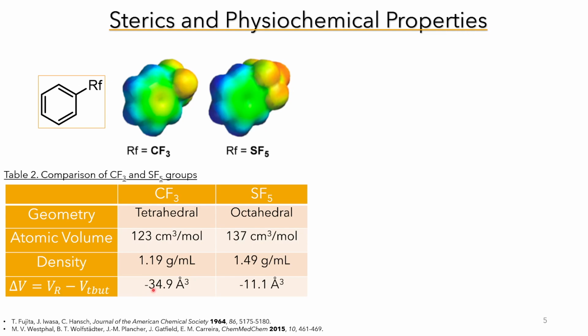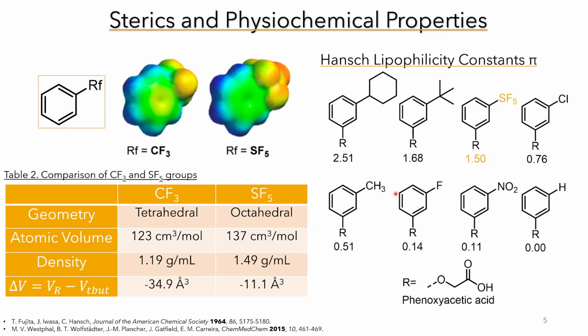So this places the pentafluorosulfanyl group in an interesting position, where it's a highly polarizable, strong electron withdrawer, but also lipophilic, being so bulky. And typically, you don't see this in strongly polarizing groups. The Hansch lipophilicity constant pi can be calculated by observing the equilibrium between water and octanol.